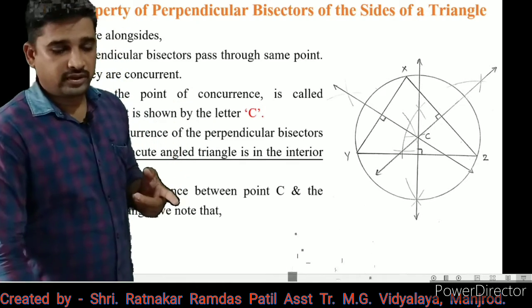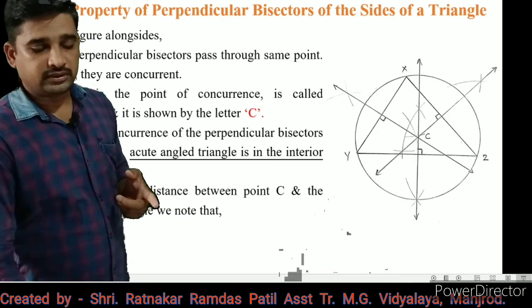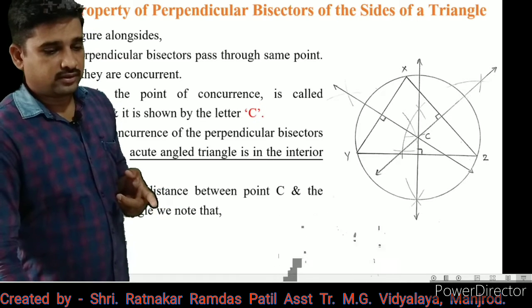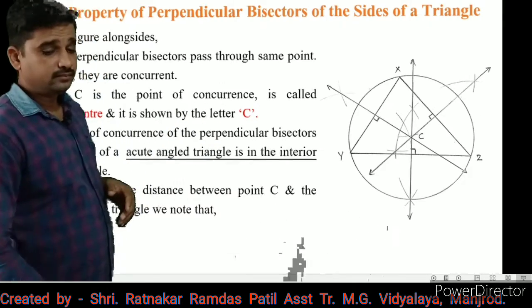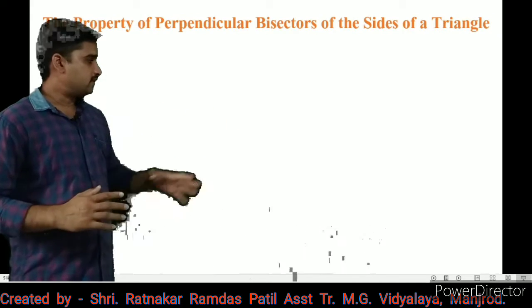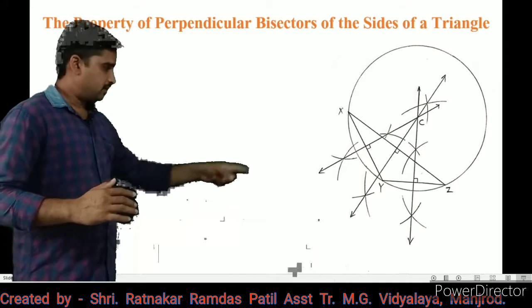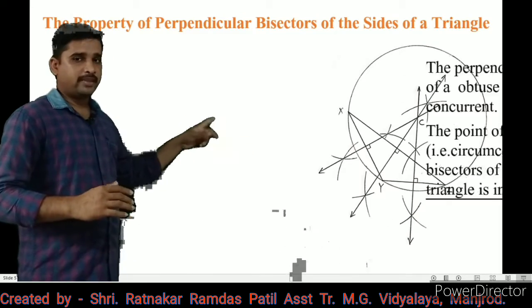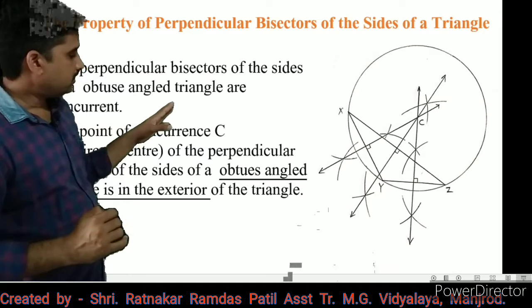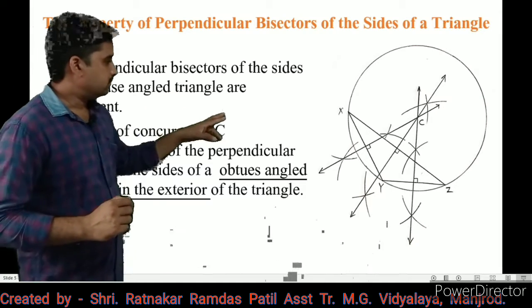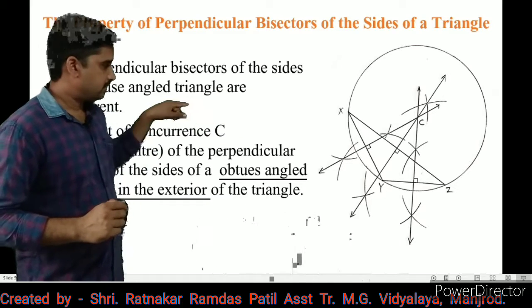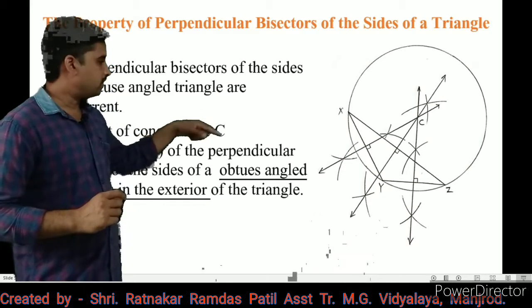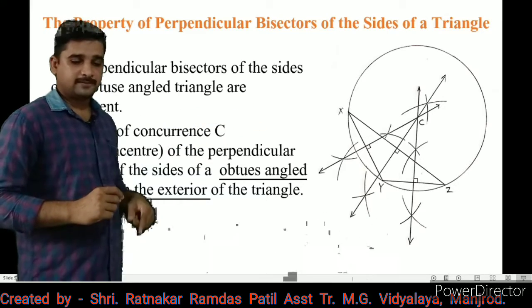Now if we learn this property about an obtuse angle triangle, you can see here this is an obtuse angle triangle, and we draw the perpendicular bisectors of all three sides.